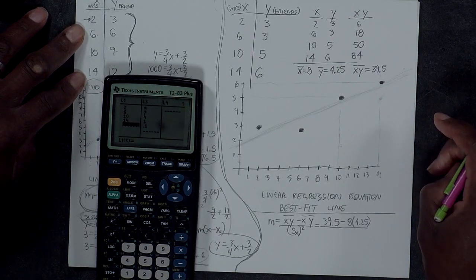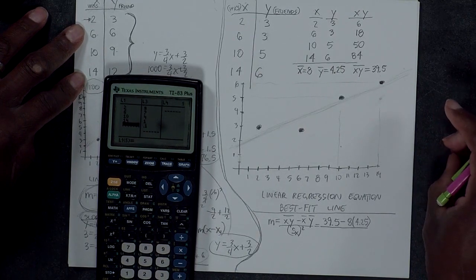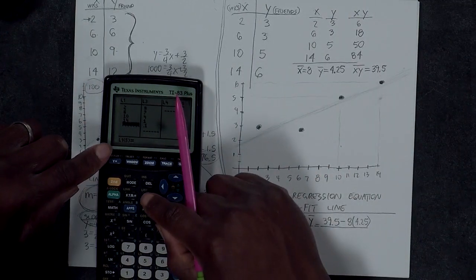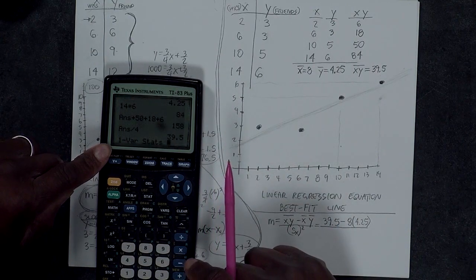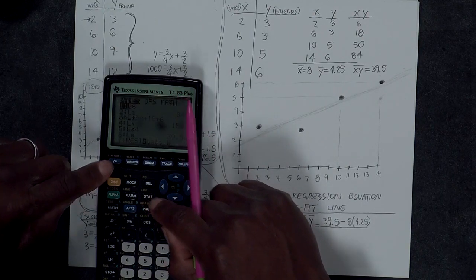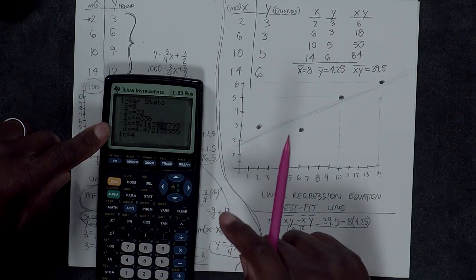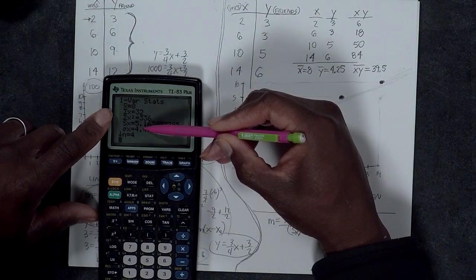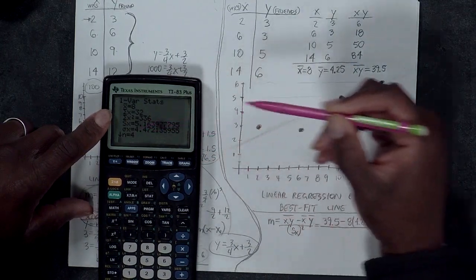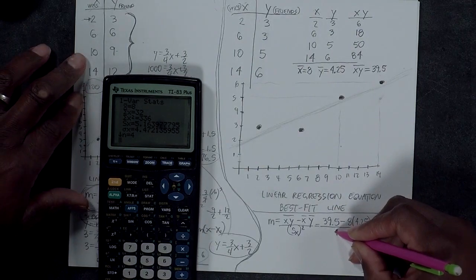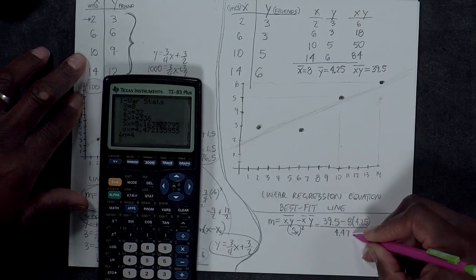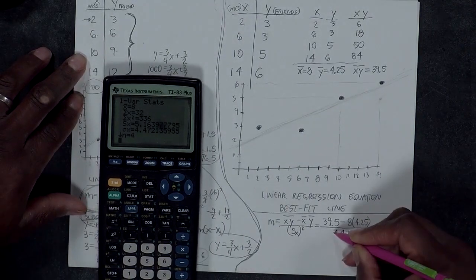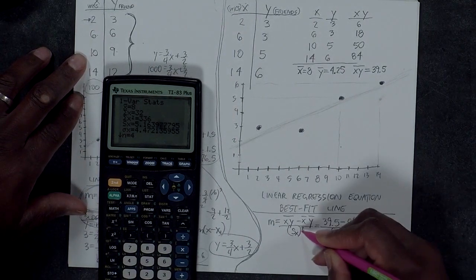Let's go to stat, calc, one variable stats. I get a standard deviation of 4.472, and I need to square that according to this equation.